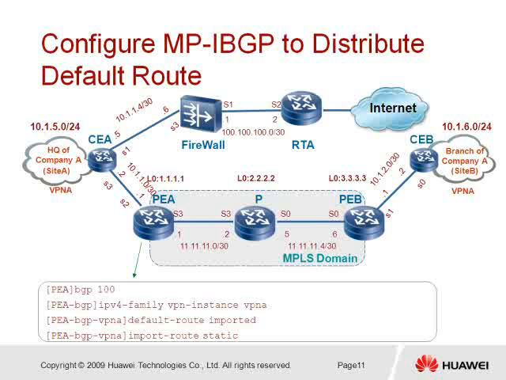Here, we must pay attention to the command default-route imported. If we want to import the static default route into BGP, first we must use this command, and then the command import-route static can take effect. What about the command network?